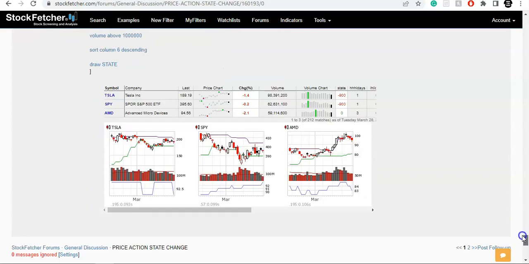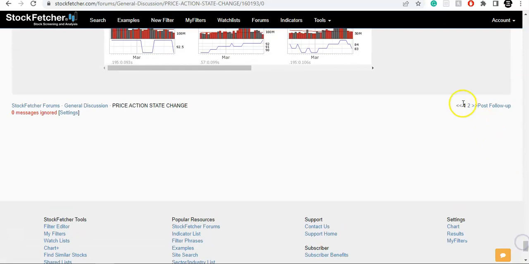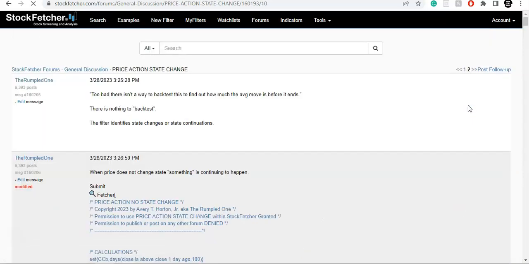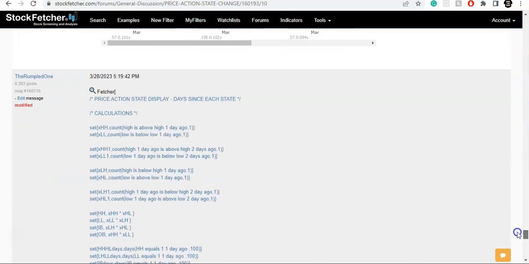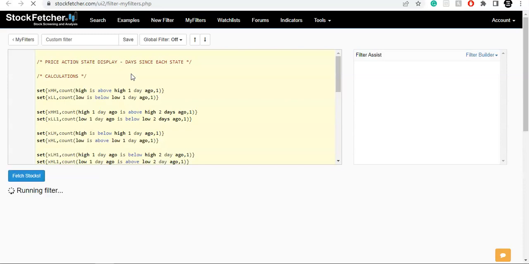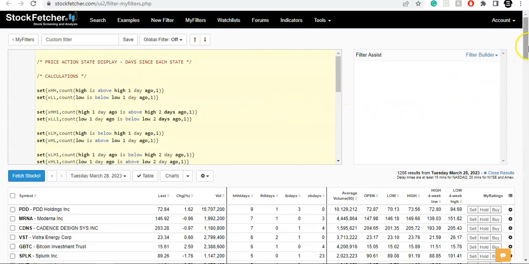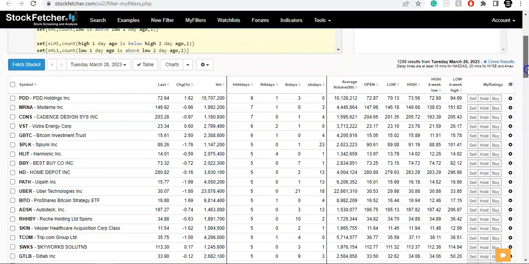Let's see, is this the one I want to show? Oh, this is the one I'll show. The days since each state. So this tells you how many days since a state.